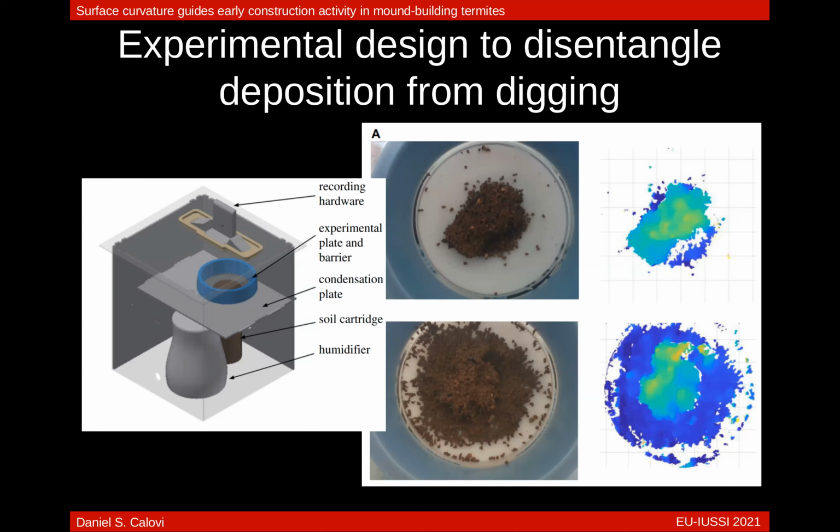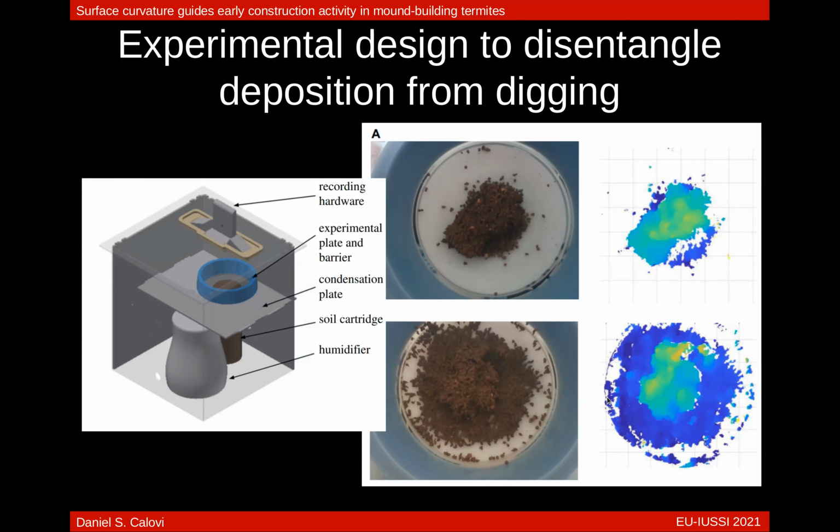And then you have a cartridge of solid mud with a disc and a hole in the center, right? And we are recording all this from the top with an Intel RealSense, which gives us RGB images, but also depth imaging of the mound, so we can see in real time how the mound is constructed, right?